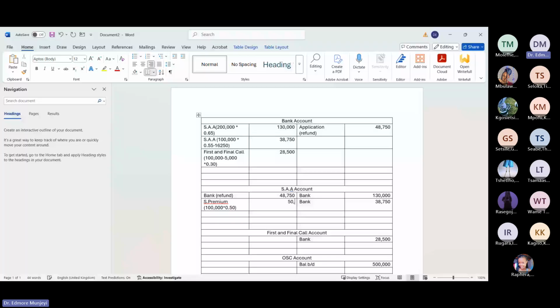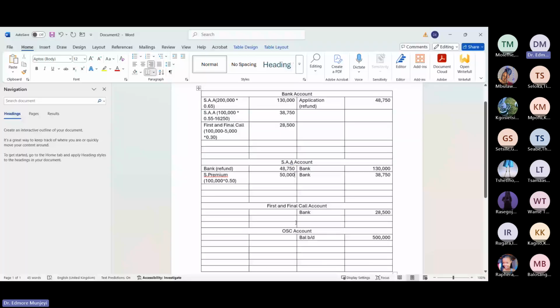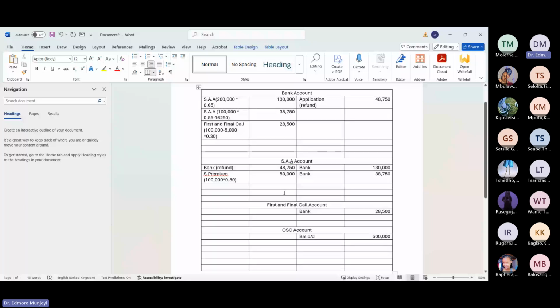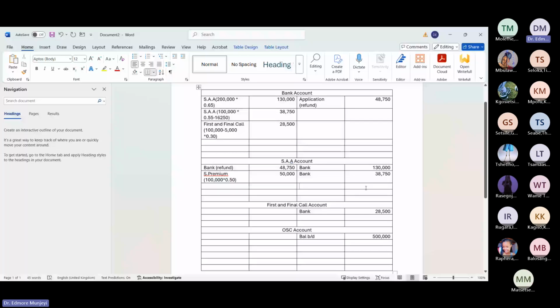Now we can close that account. We look at which side has a larger number. It is the credit side with 168,750. So what is our balance to be able to balance the debit side?